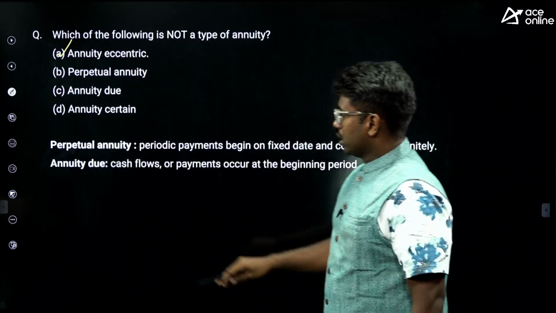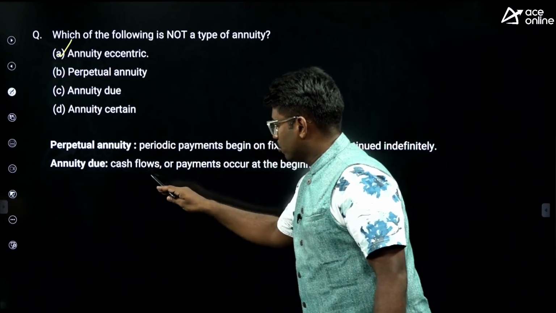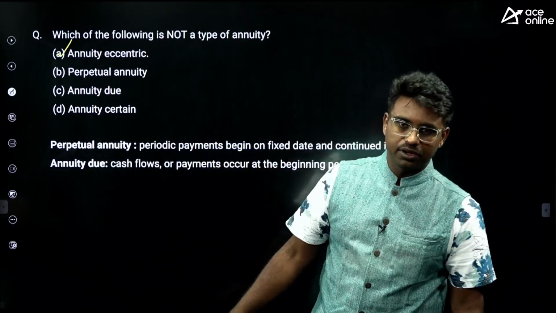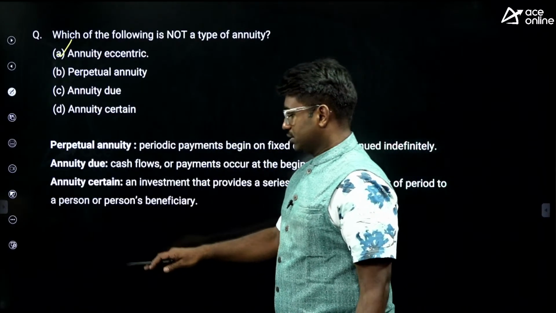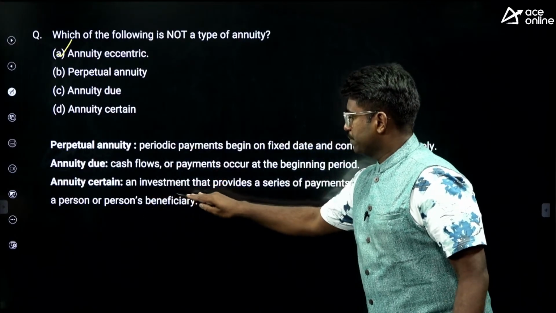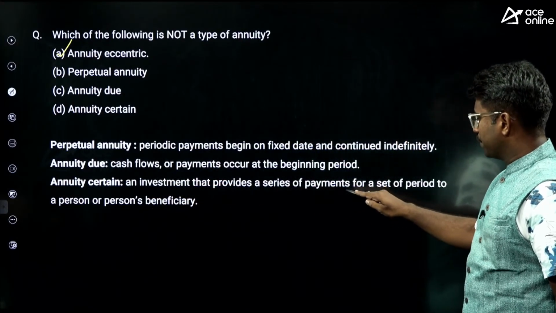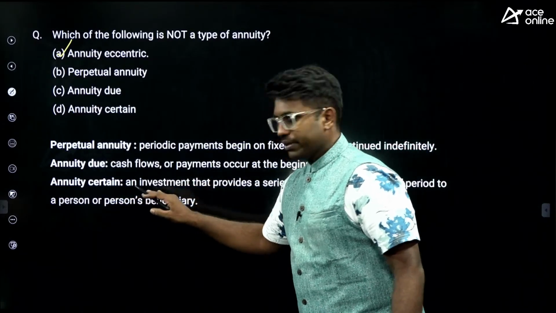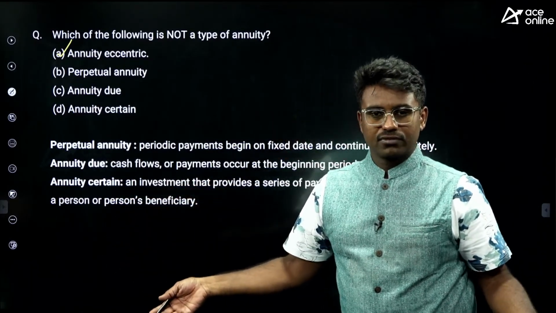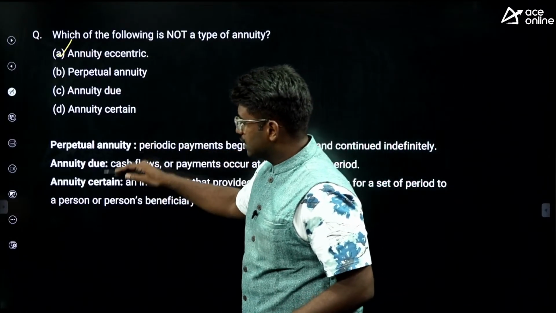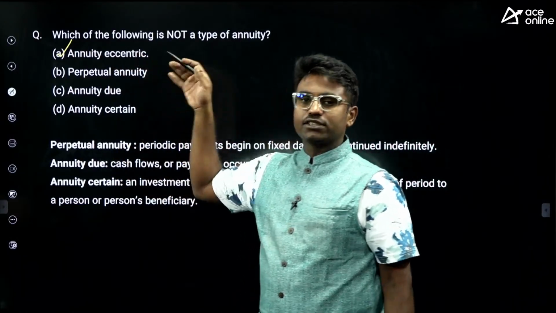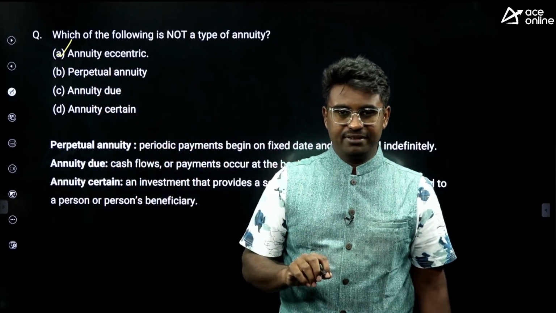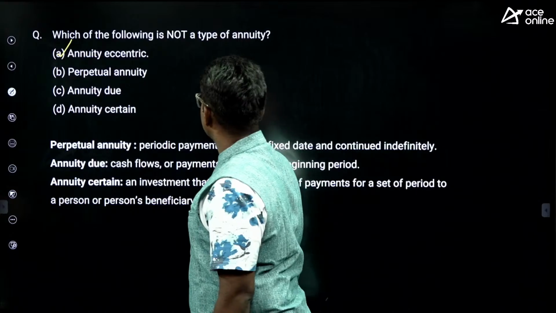Annuity due, cash flows or payments occur at the beginning of the period. Annuity certain, an investment that provides a series of payments for a set period to a person or a person's beneficiary only. So these are the definitions, where the excluded one is annuity eccentric. Okay, answer is A.